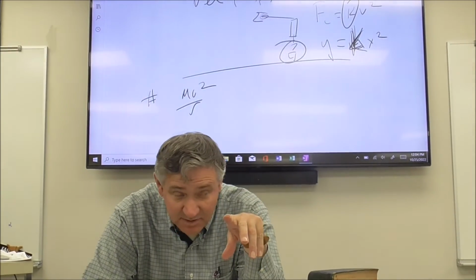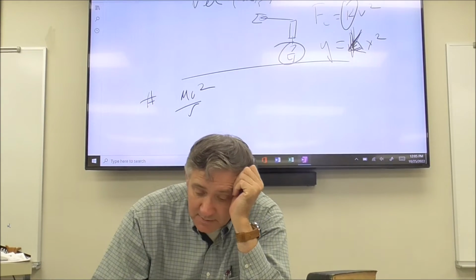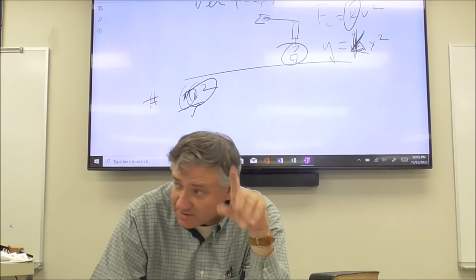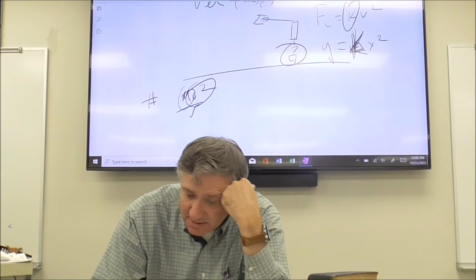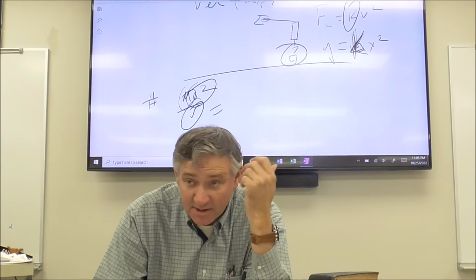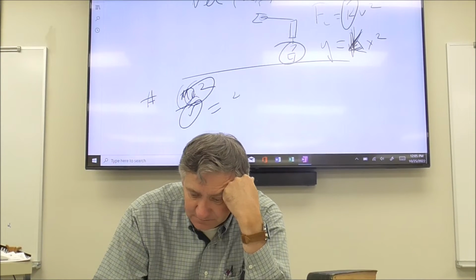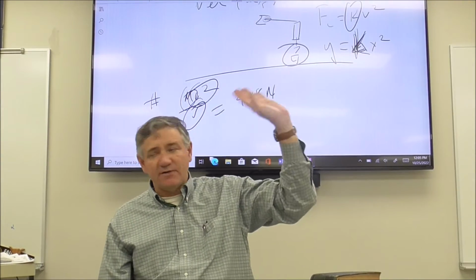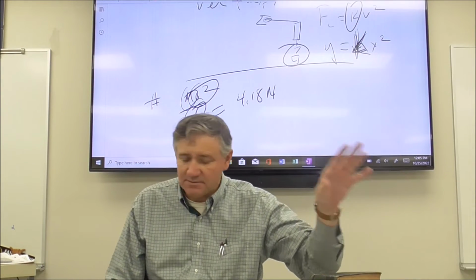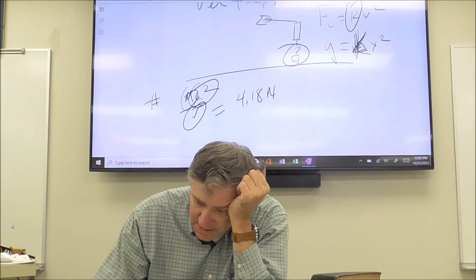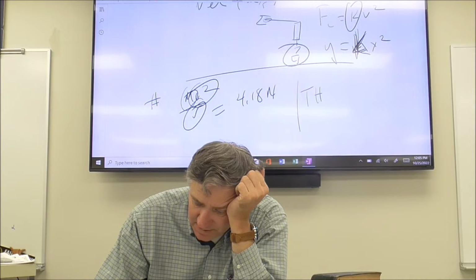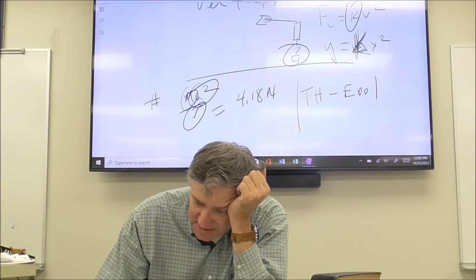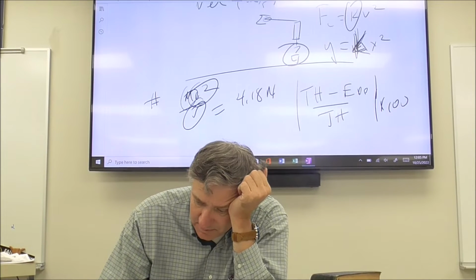It's not the mass of what's hanging down. That's your stopper mass. You're going to go to your data table, find that velocity, divide by the radius. You're going to get a number. Let's say that you get, I don't know, 4.18 newtons. Whatever you get out of that calculation. So then you're going to take your theoretical minus experimental over theoretical times 100.